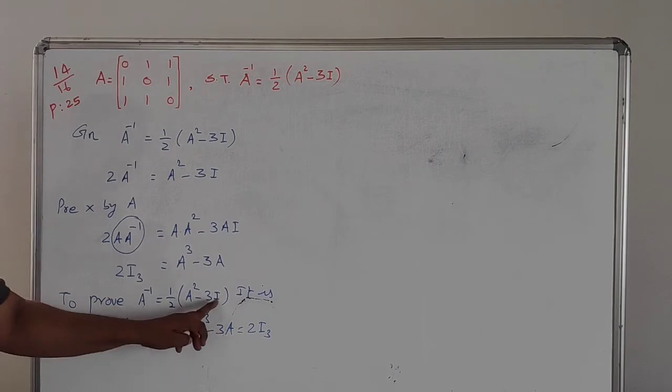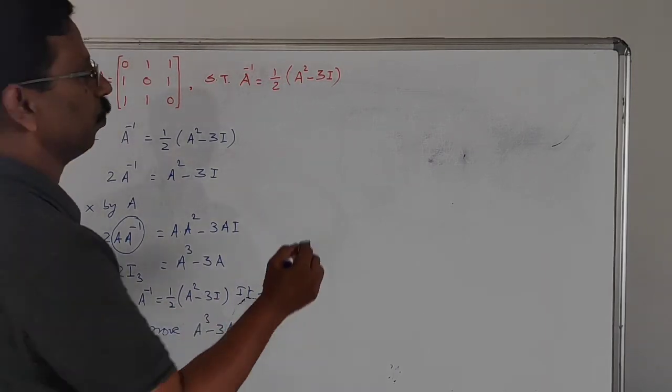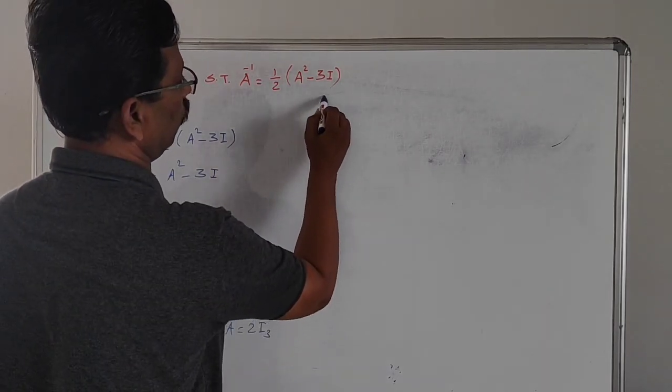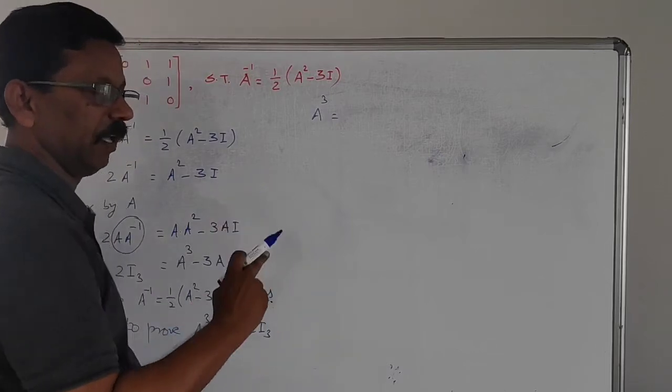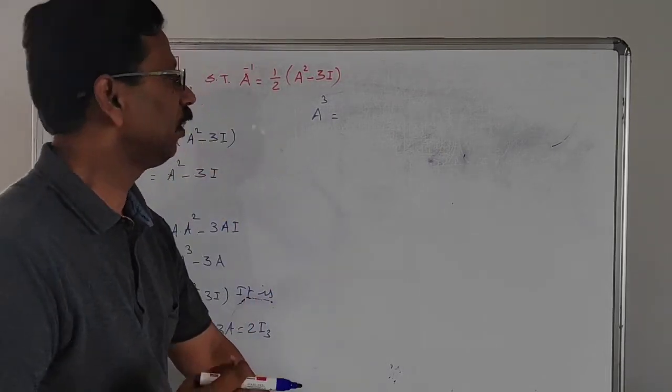Therefore, let us take this one, A cube. First we can find A cube, which means A cube is equal to, you know very well, A into A. Therefore, first we can write A.